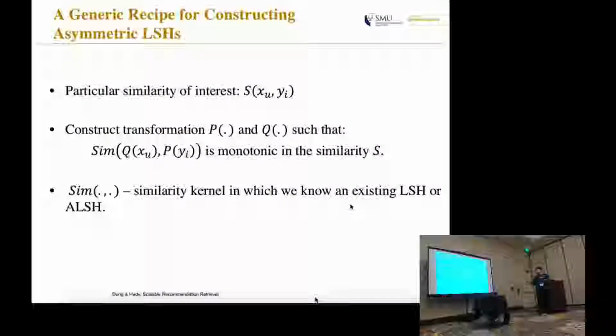Because this new similarity is a similarity kernel for which there exists a locality sensitive hashing scheme to solve it efficiently, you apply the locality sensitive hashing to solve the maximum inner product search.